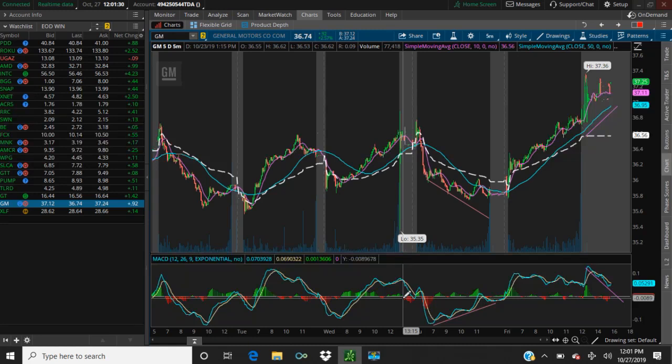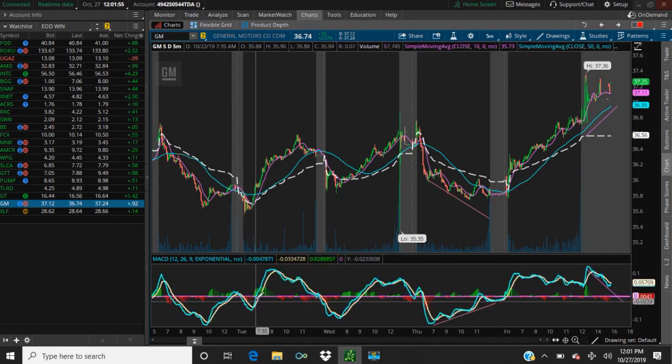So first, the zero line is right there. That's the straight line that goes straight across the middle. And basically, when it moves across the zero line, it represents when the 12-day is crossing the 26-day EMA. When it crosses from below, it means a new uptrend may be coming. So right there.